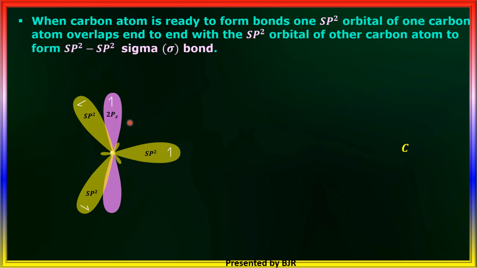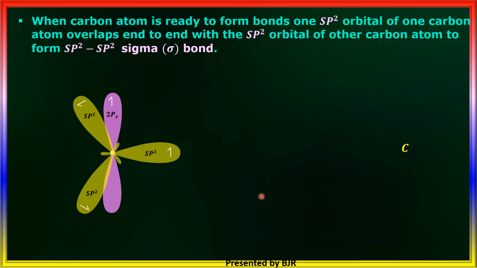Four orbitals are there here: three sp2 hybrid orbitals and one 2pz unhybridized orbital. Each of them contains one unpaired electron.